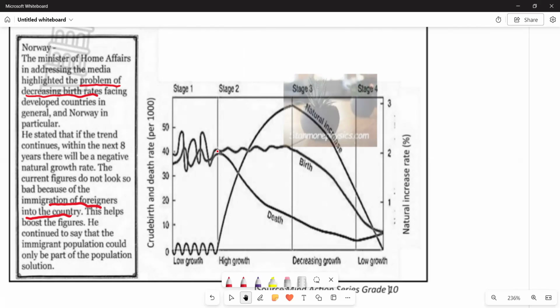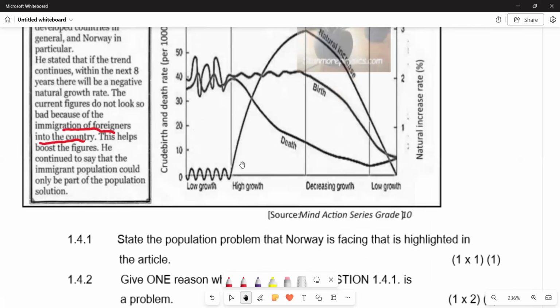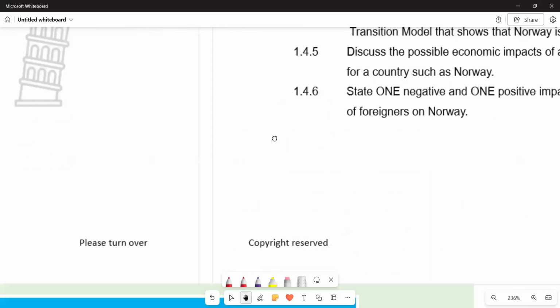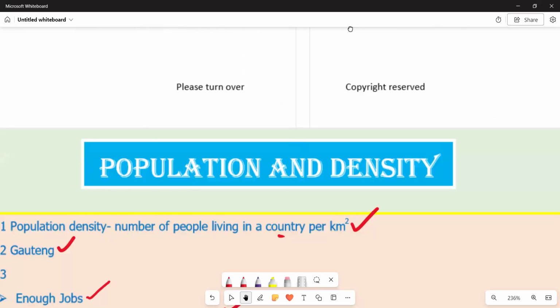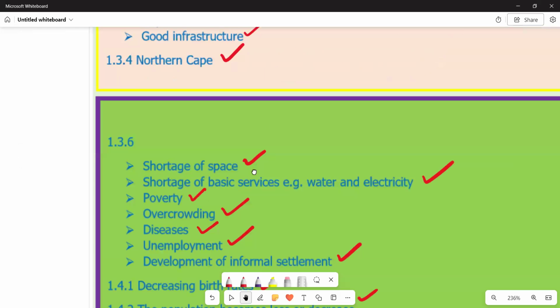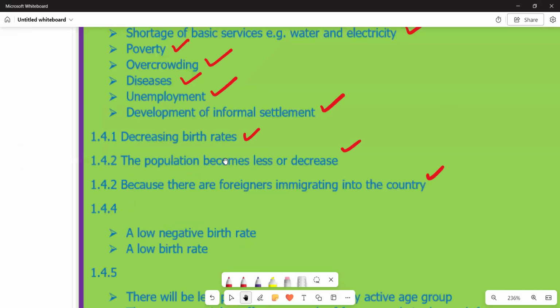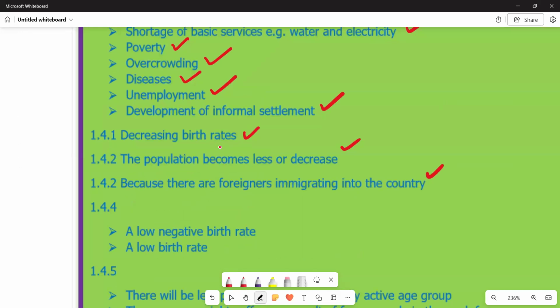So we can just try to see on our answer section what the indication is. This is the reason that we have on 1.4.4. We are having a low birth rate, which is the second point, and then we can also mention a low or negative birth rate.